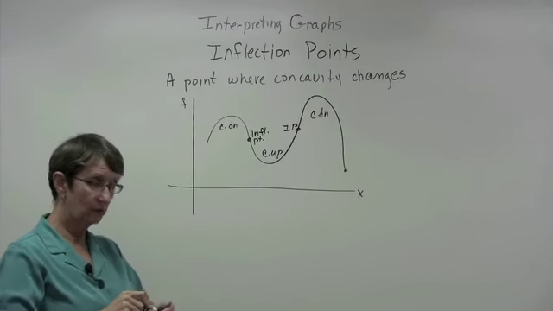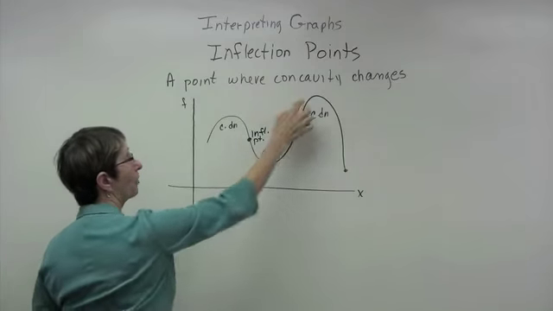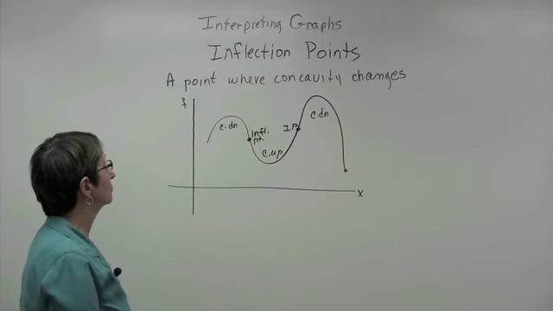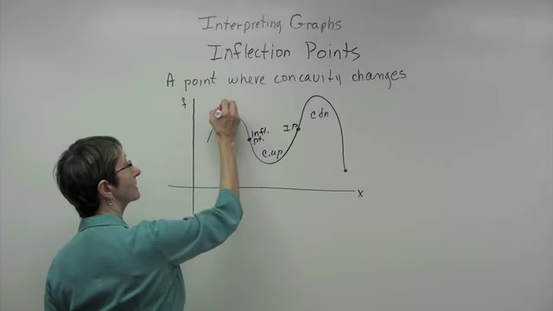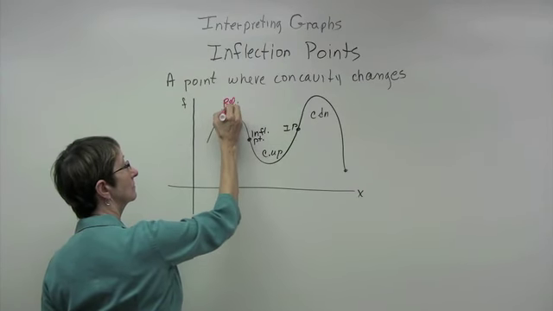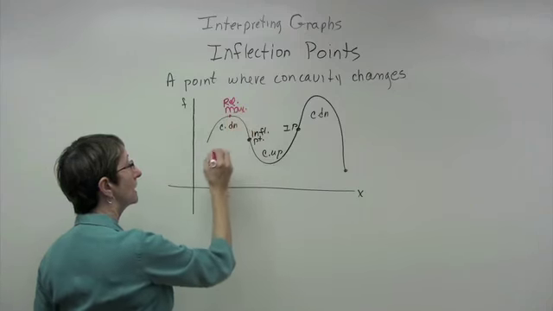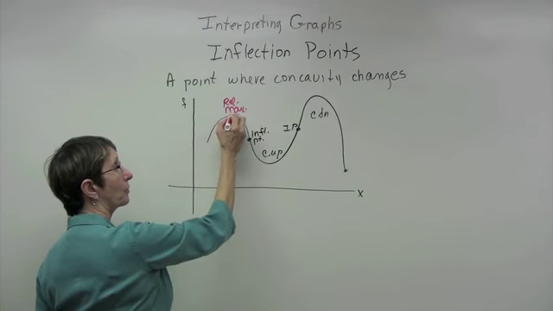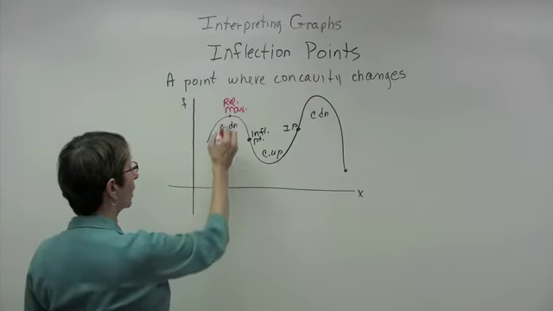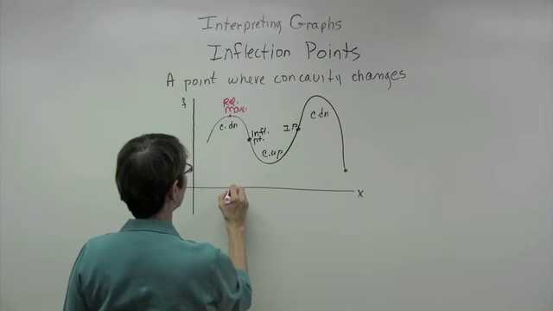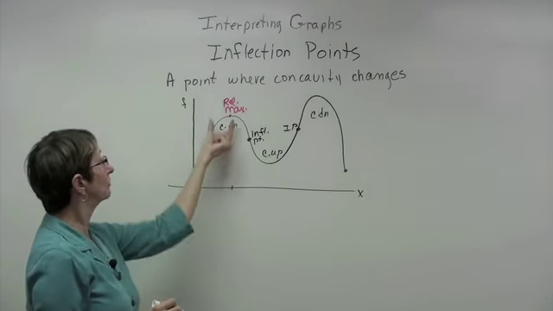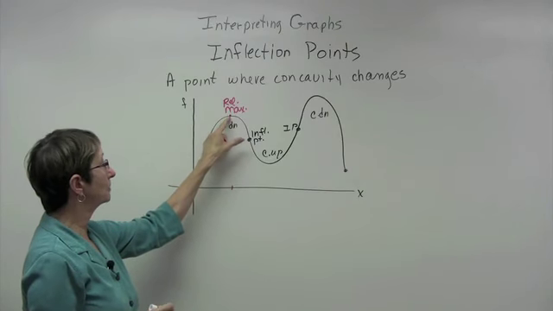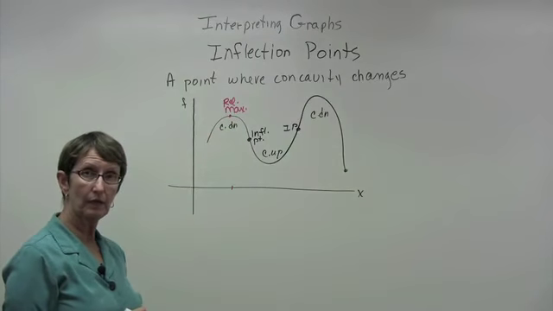What else do we have here? We have high points and low points. So this would be a relative maximum. It increased up to that point and then decreased. So around this point, it's an open interval up to that value and down, so that makes it a relative maximum.